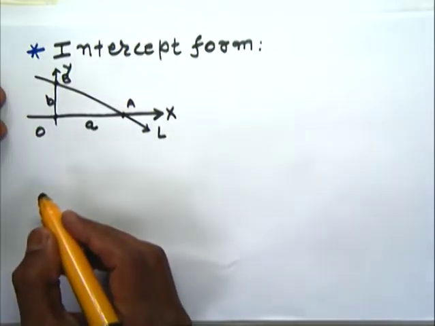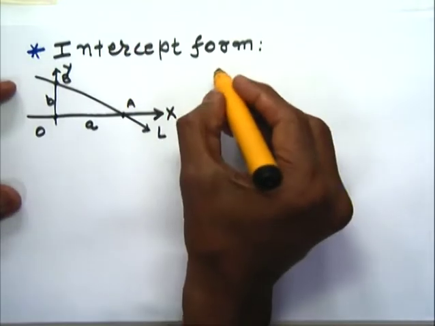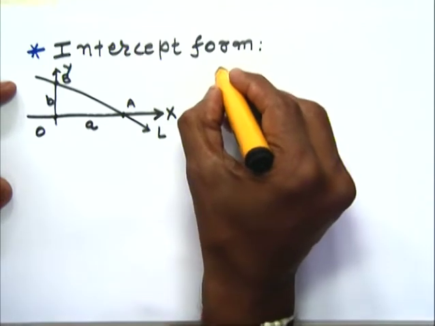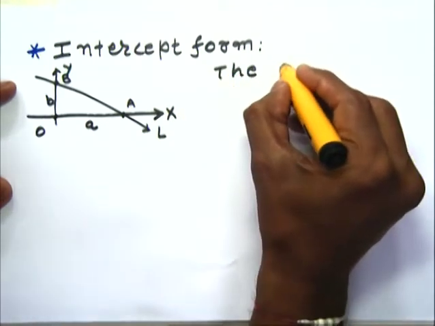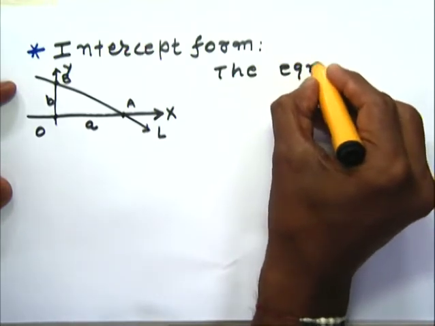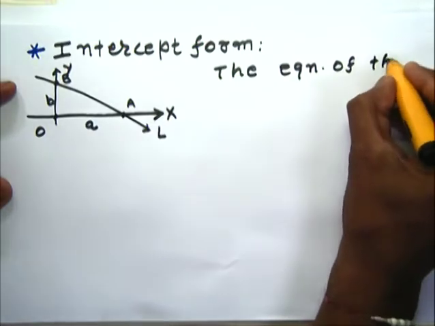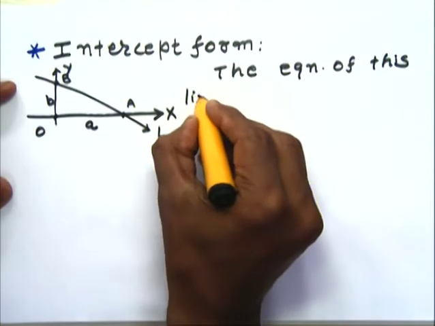Let us call it b. And if we are given a and b, what will be the equation of this line?